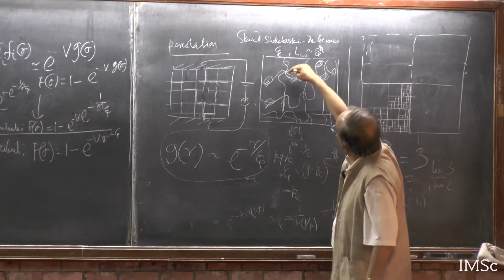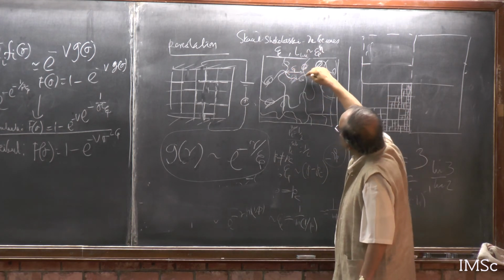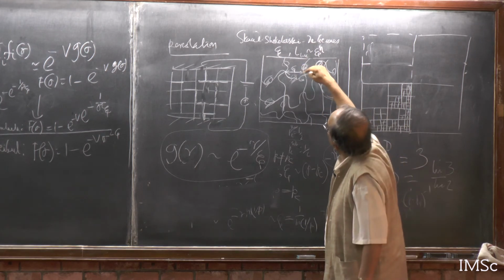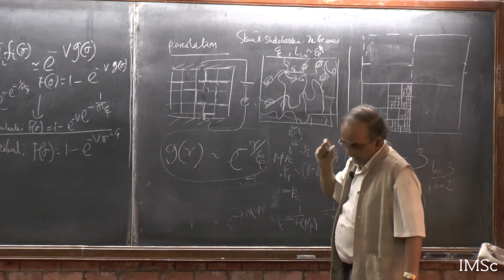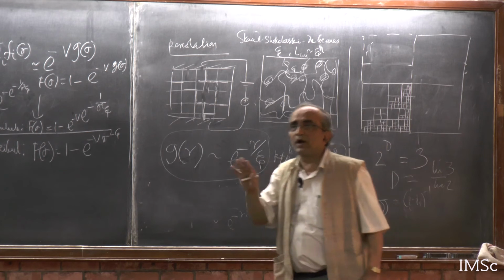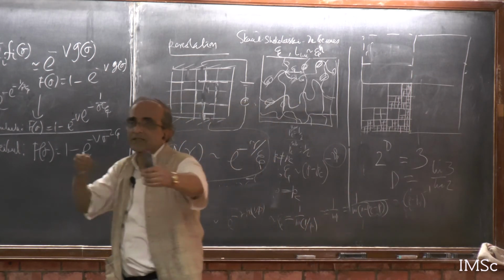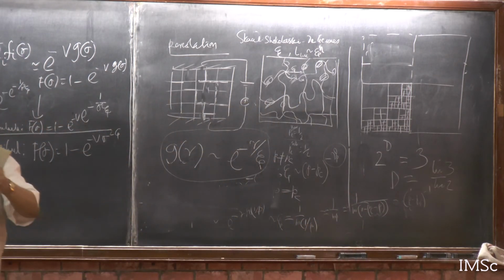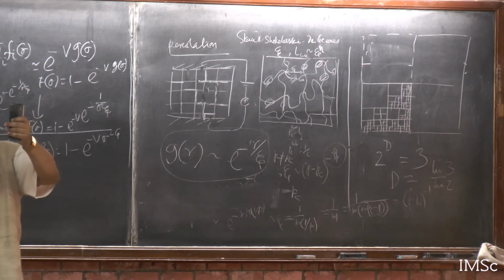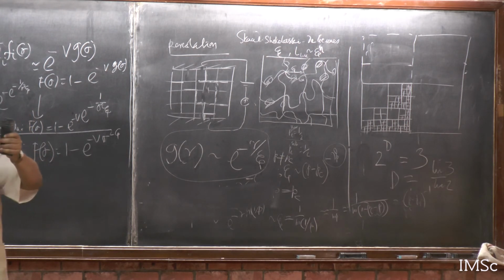Keep in mind, these links certainly are longer than, I mean this link length, if you stretch it, it will be longer than xi, because xi is from this point to this point, the crow flying distance.